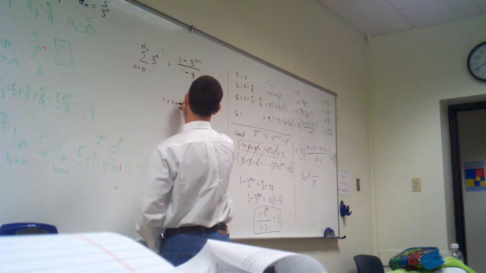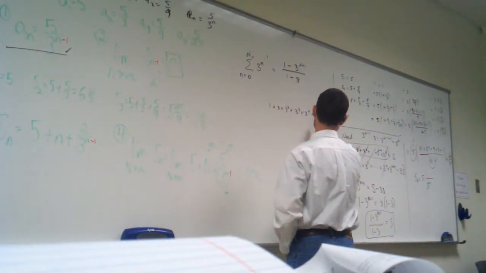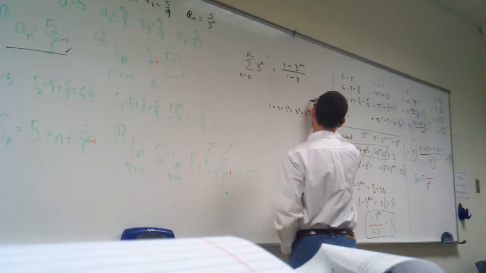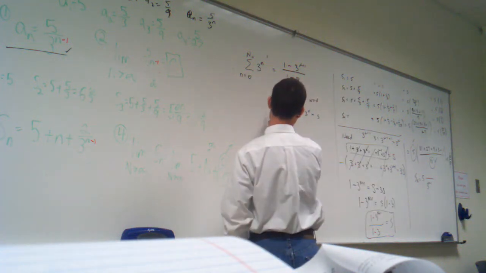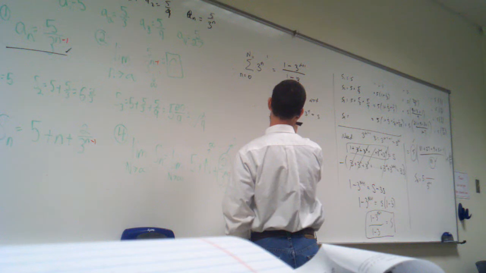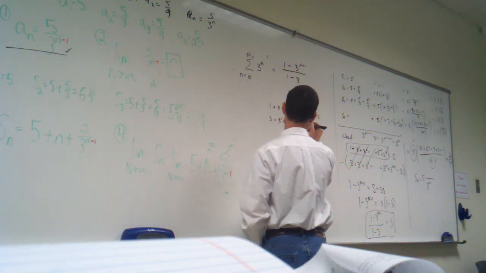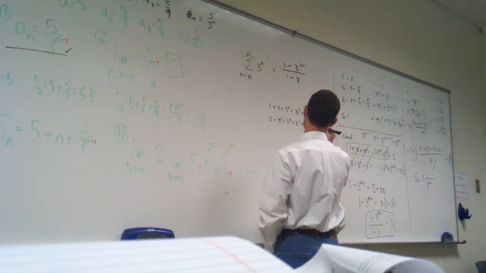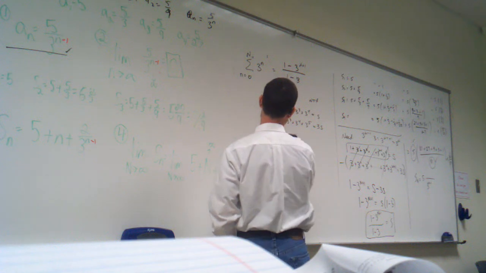Say it was 1 plus 3 plus 3 squared plus 3 cubed plus 3 to the 4th was s. So n I'm doing is 4. Then if I multiply it by 3, I have 3 plus 3 squared plus 3 cubed plus 3 to the 4th plus 3 to the 5th equals 3s. So, with me? Now subtract.